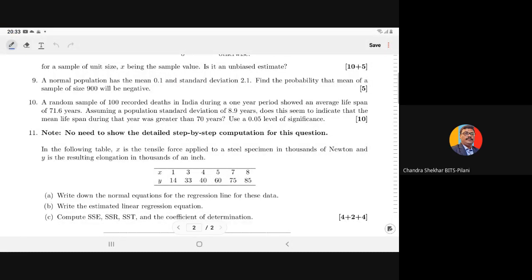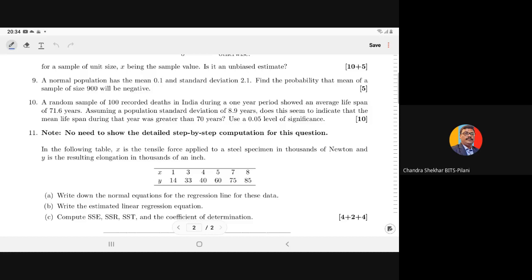That will give you the estimated linear regression equation. Means for the given force we can determine what will be the elongation.